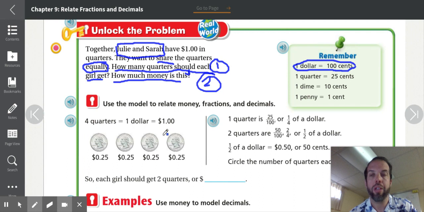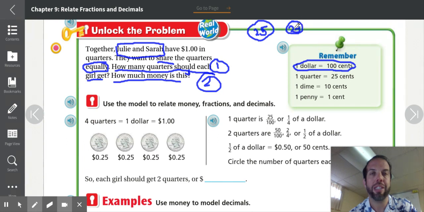What I like to do for this is draw. If I didn't have this model here, what I always tell my class to do is draw coins, and in the circle, write how much each coin is. So for this, I would write 25. Try to make them the same size, the best you can.